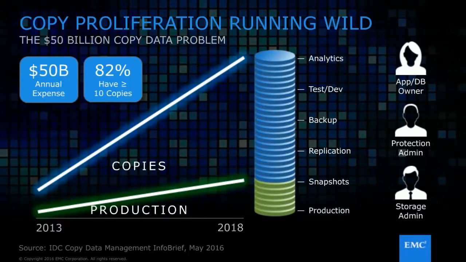Now, a very important point to take away from this: organizations have lots of copies. But what's important to take away from this slide isn't that the answer is to get rid of all your copies. Copies aren't a bad thing; copy sprawl is a bad thing. Copies unmanaged are a bad thing. Copies managed is a good thing. Copies managed intelligently is a great thing.